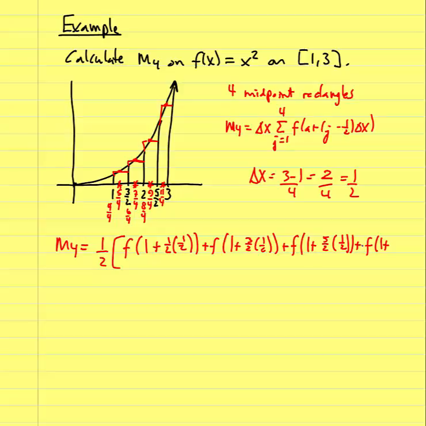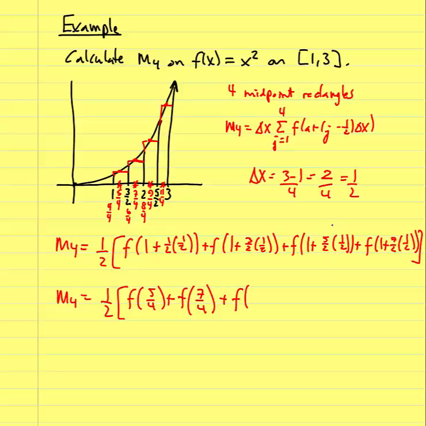This would be 4 minus 1/2, which is 3.5 or 7/2, times 1/2. Okay, so following through, this would be f of 1/4 plus 1, which is 5/4. f of 1 plus 3/4, yep, 1 plus 3/4 would be 7/4. 1 plus 5/4 would be 9/4. And our last one, 1 plus 7/4 would be 11/4.